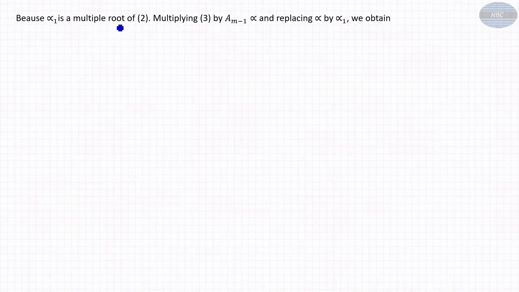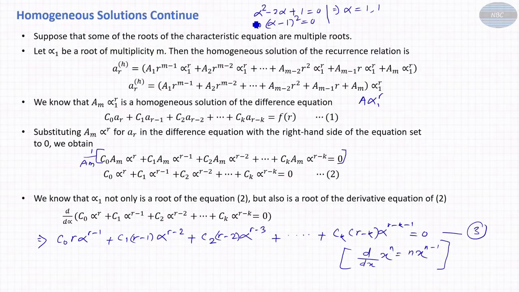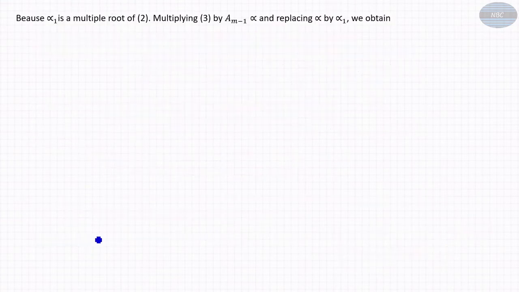Because alpha 1 is a multiple root of equation number 2, we multiply equation number 3 by Am minus 1 alpha and replace alpha by alpha 1.